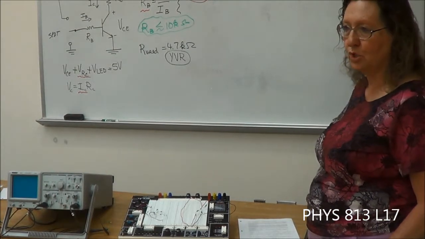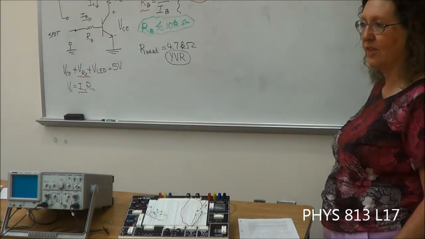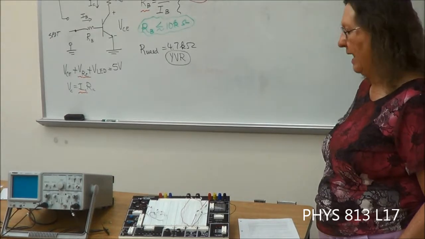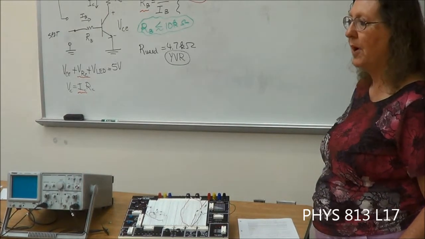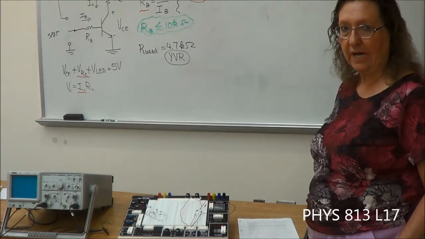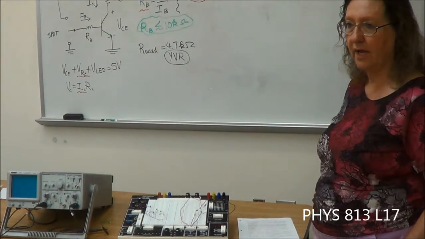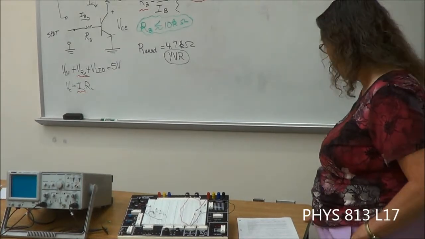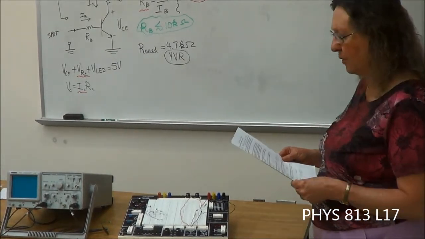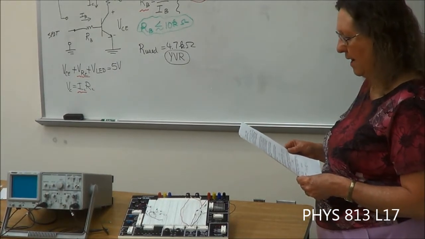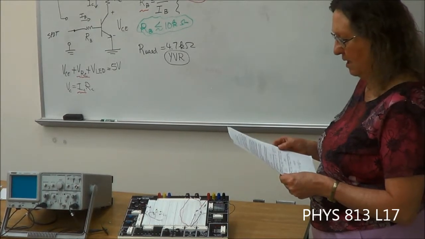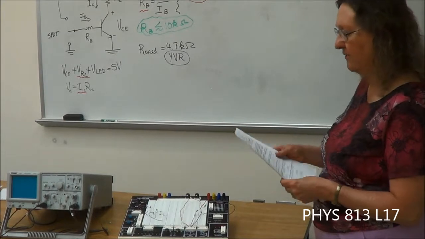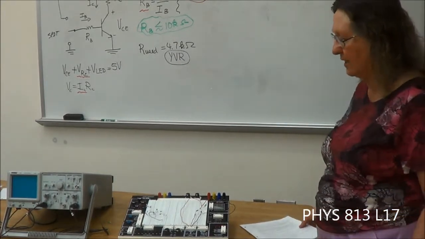There is a 2222, there's a 3904, and there's another one that I don't remember. But the one that you want to find is the 3904. I think it's 2N3904. Oh, I may not have it on the page. I had it at the beginning though.